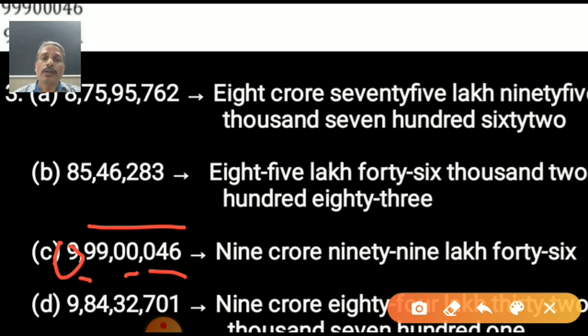9 crore. Now 9's work over. Whose turn is coming over here? This one, 99. This 99, check out how many numbers behind them? 5 numbers. And just now we discussed the 5 numbers who are having? Yes, lakh. So read together, 99 lakh.